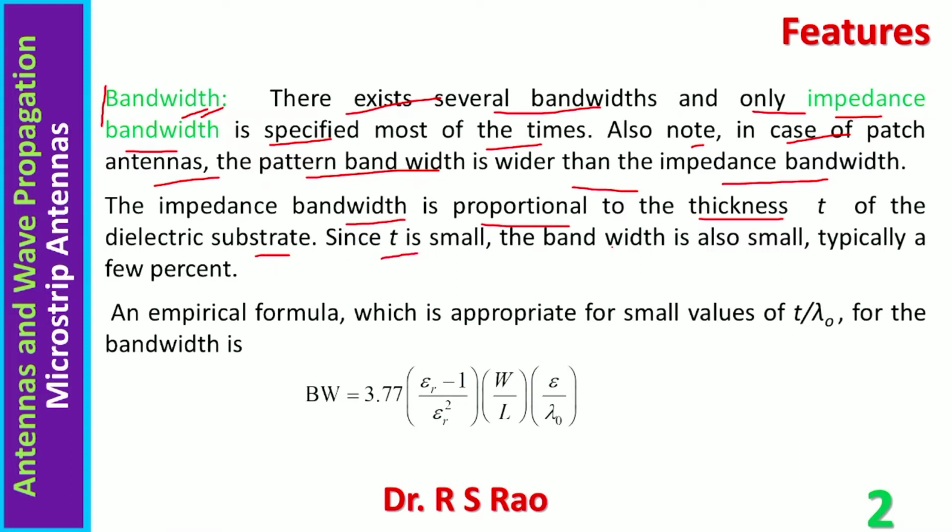Since T is small, bandwidth is also small, typically a few percent. An empirical formula which is appropriate for small values of T over lambda naught for bandwidth is 3.77 multiplied by (epsilon r minus 1) by epsilon r square, W over L, multiplied by T over lambda naught.